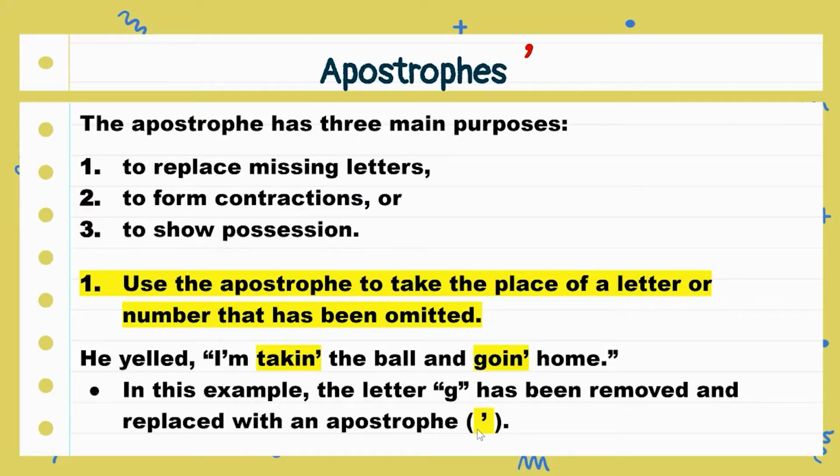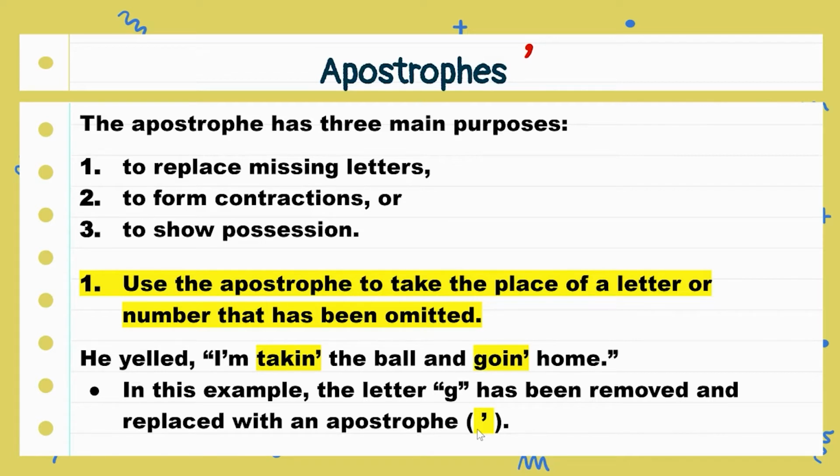Next one, apostrophe. The apostrophe has three main purposes: to replace missing letters, to form contractions, or to show possession.